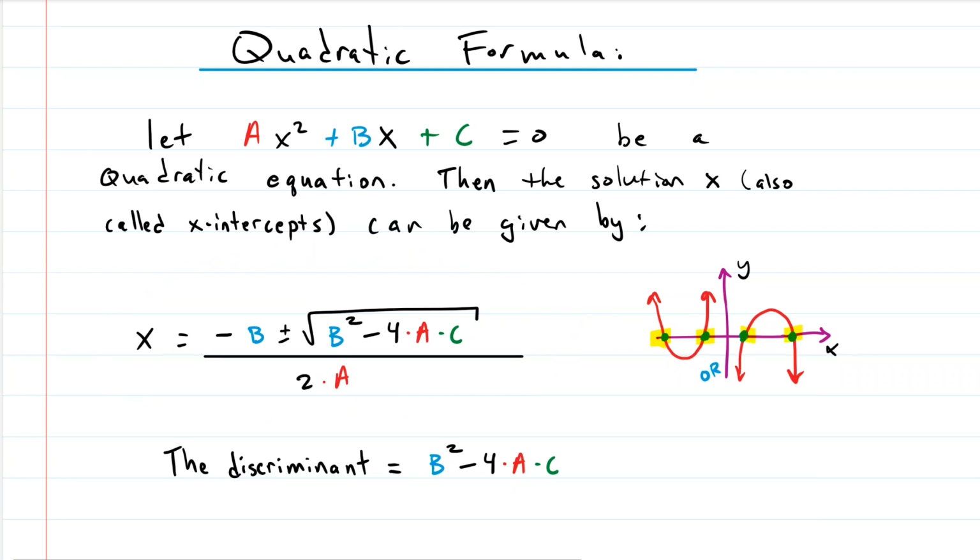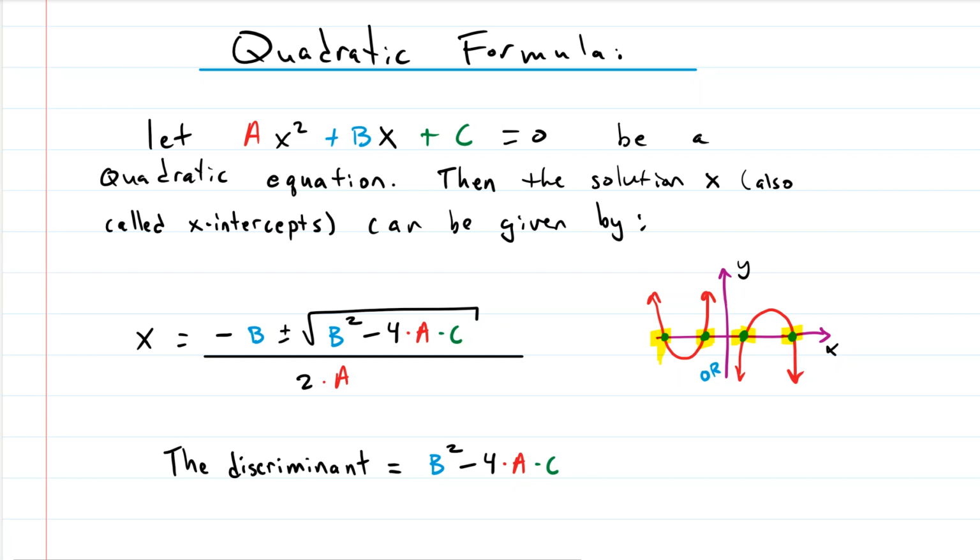X equals, that would be the x-intercepts, x equals whatever the number is, and we find it by taking the a, the b, and the c from the quadratic equation and plugging it in down below. So negative b plus or minus the square root of quantity b squared minus 4ac all over 2a. That's the quadratic formula. So all we do is take the a's, b's, and c's and plug them in where you see a b, an a, or a c.